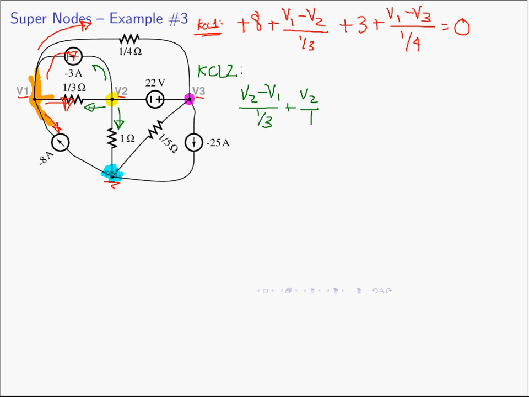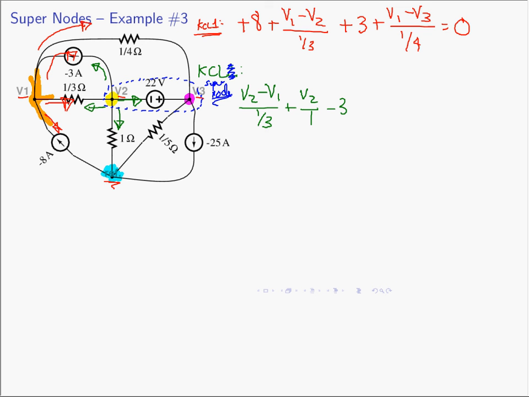And the current going around this way is in the same direction, so it becomes minus 3. And then I want the current going this way, and I see, oh, it's a voltage source. What's the current through a voltage source? We don't know. So we need to form a supernode. The 2-3 node becomes combined into a supernode, and so really what I need to write is the KCL for the supernode.